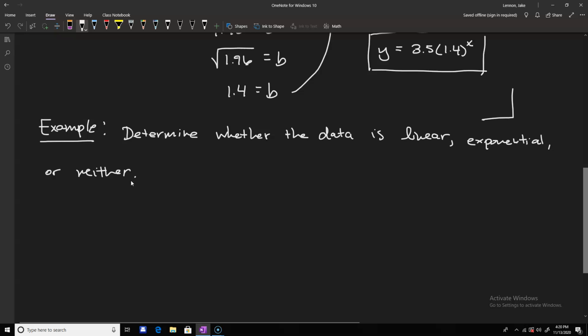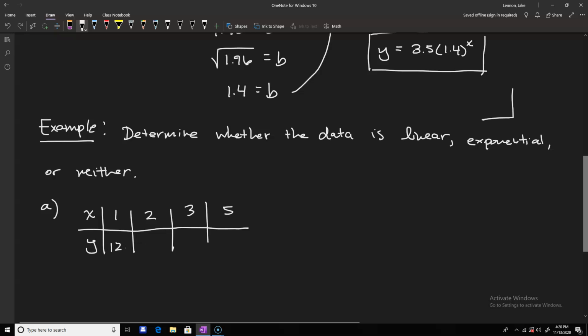So really what we're looking for is kind of a pattern in the output variable. So this first set of data will have x values 1, 2, 3, 5, and outputs 12, 10, 8, and 4.